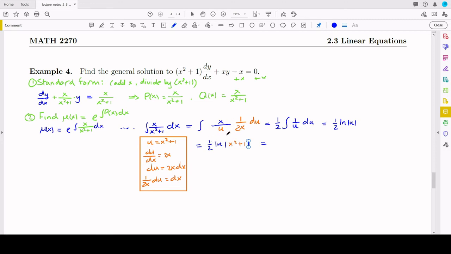And then we can bring the 1/2 inside. We get x squared plus 1 to the power 1/2, which is the same as the square root. So we have ln of the square root of x squared plus 1.